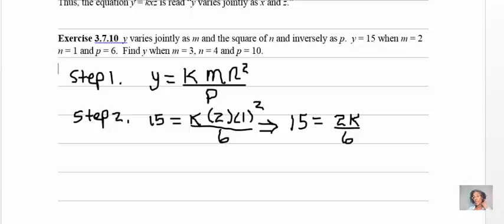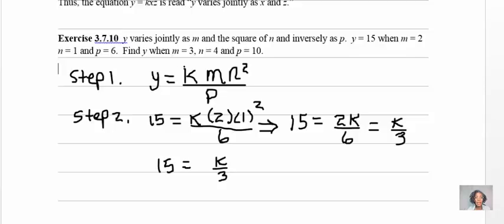And in this expression, we can divide the numerator by 2 and the denominator by 2 on the right side here to get k over 3. Or you can look at it as you're dividing the 2 into the 6 to get 3. Okay, so 15 is equal to k over 3.